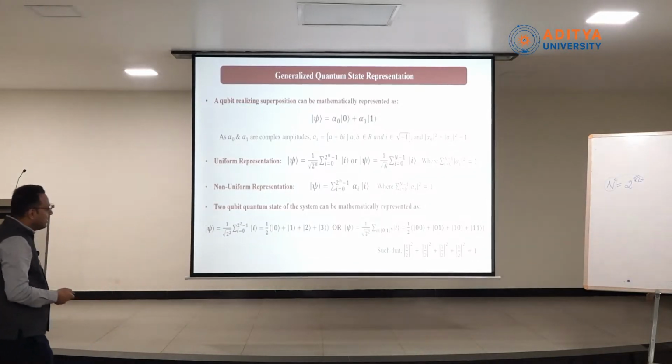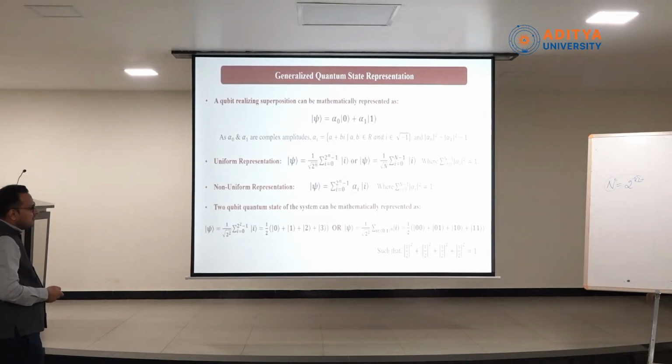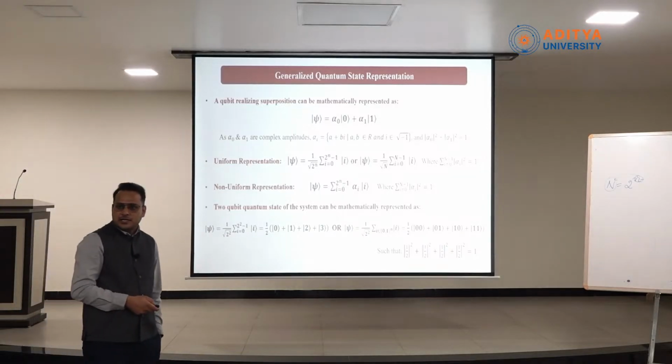Have a look here, the same wave function 1 by root 2 raised to the power 2. Now in the summation I have changed i from the value 0 to 2 raised to the power n, like this. We write i as belonging to a string of n bits. Understood or not?